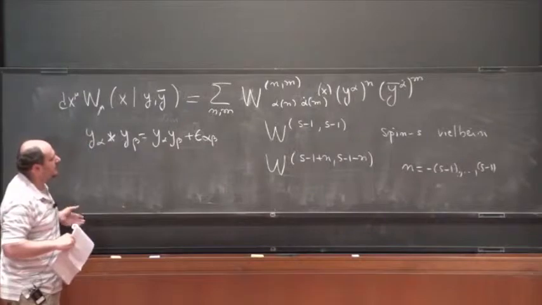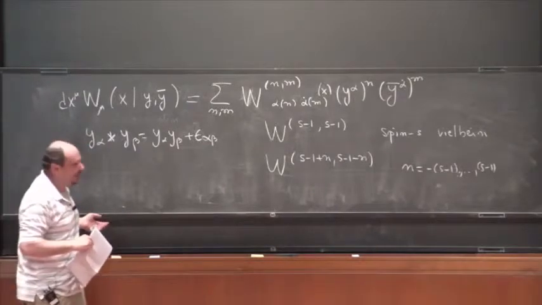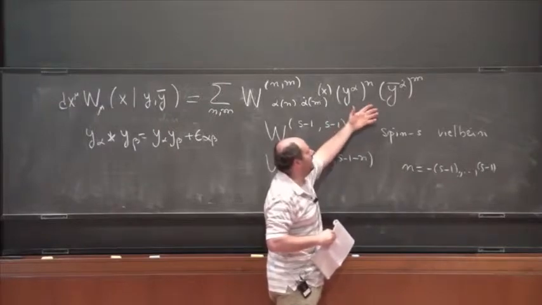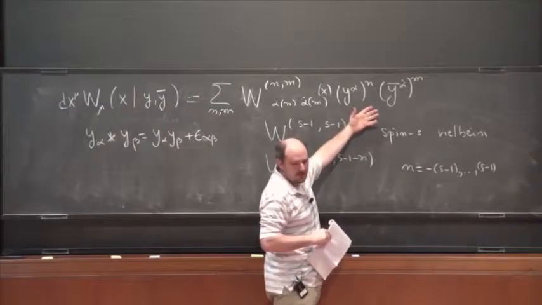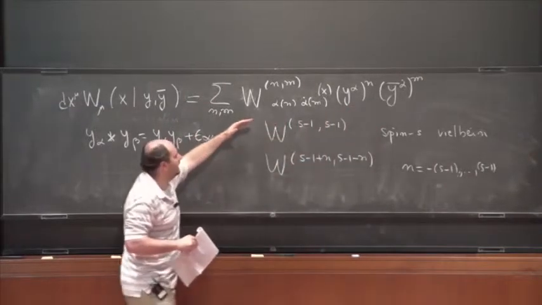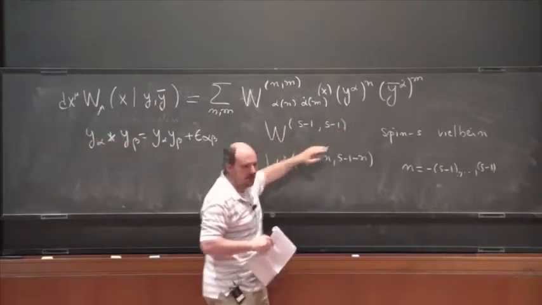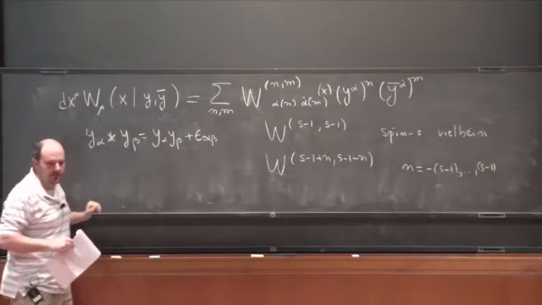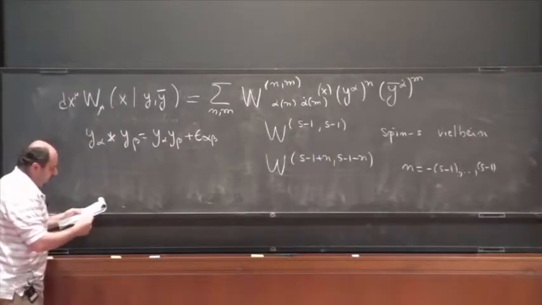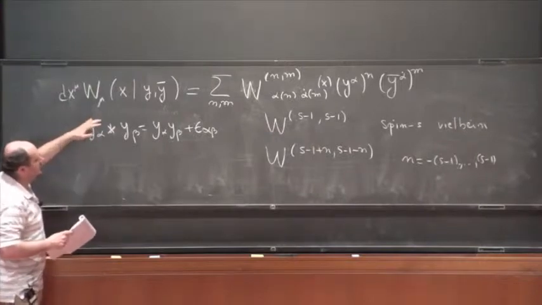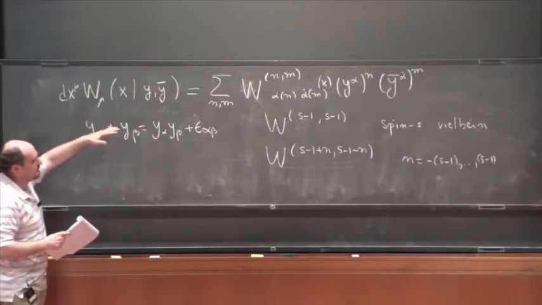And this W is to be thought of as a gauge field for that algebra. So what you should keep in mind is that these y's and y bars are like the gauge group generators. So this is like a Yang-Mills gauge field for the algebra generated by these y and y bars under this star product.